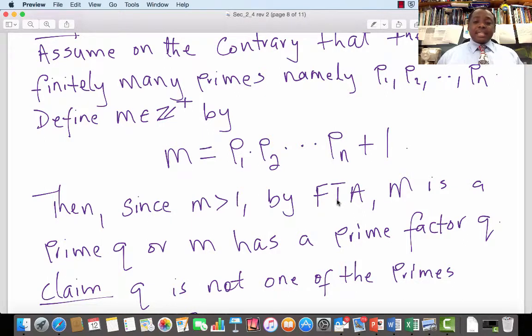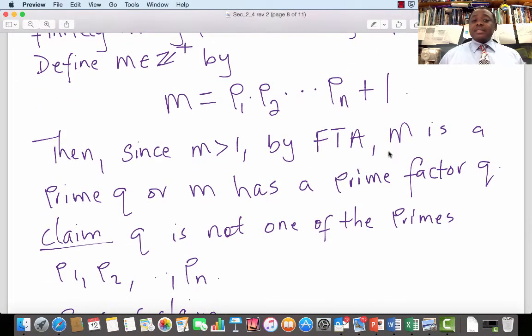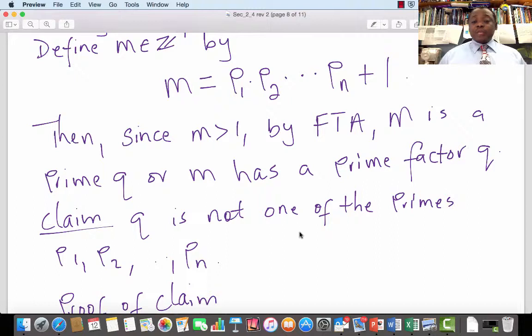By the fundamental theorem of arithmetic, since m is greater than 1, m is either a prime number or m has a prime factor, q. Our goal now would be to show that q is not one of those originally listed primes P1 to Pn.